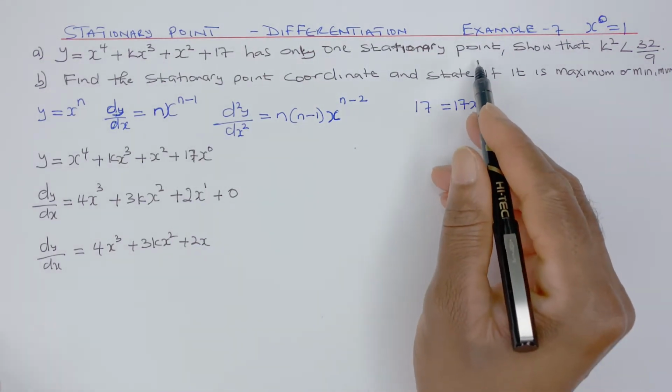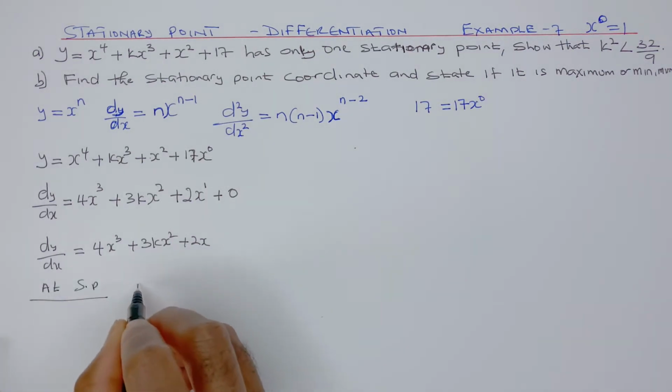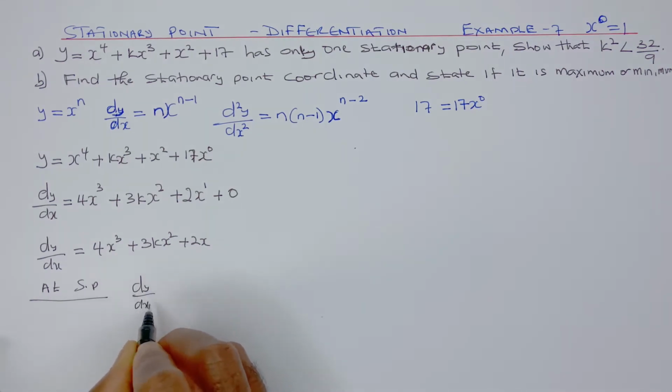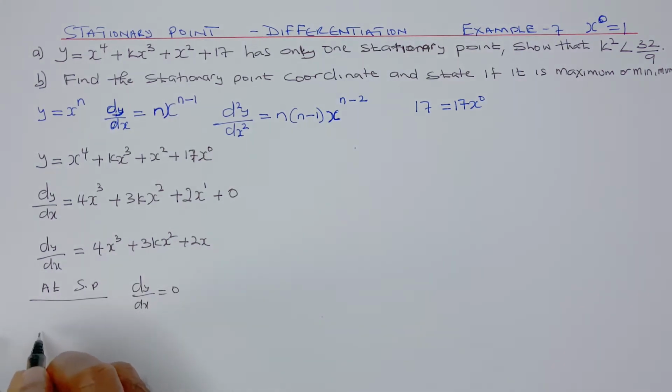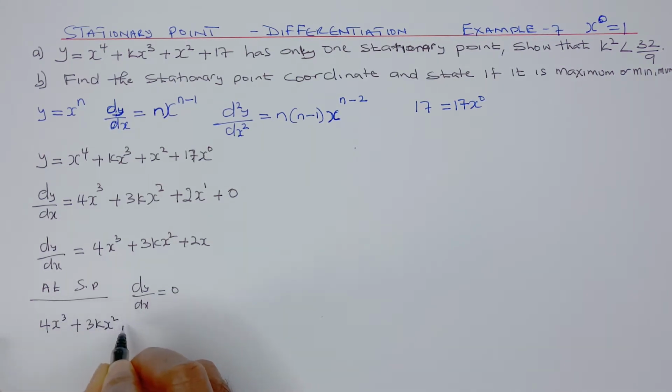At the stationary point, dy/dx equals 0. Therefore, 4x cubed plus 3kx squared plus 2x equals 0. x is a common factor here, so we take x out and we get x(4x squared plus 3kx plus 2) equal to 0.